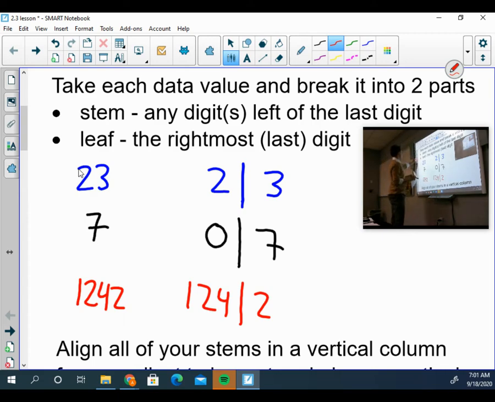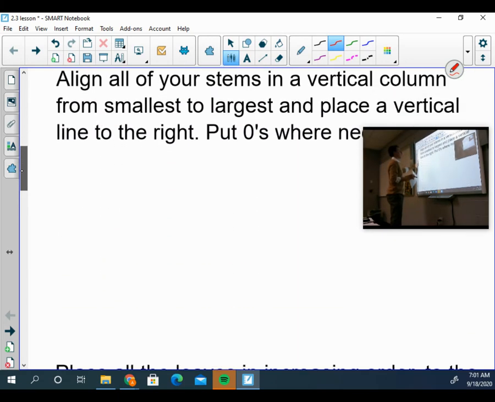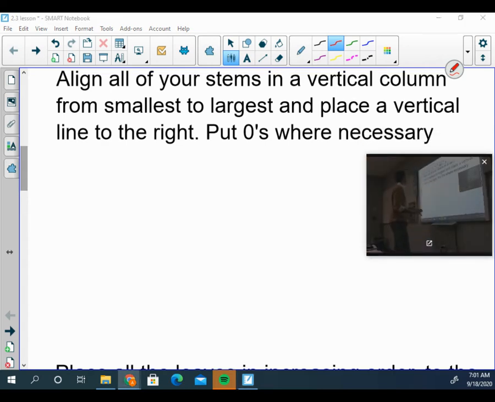The second part of stem and leaf plots, we're going to line all of our stems in a vertical column from smallest to largest and place a vertical line to the right. Then we will put zeros where necessary. Okay?